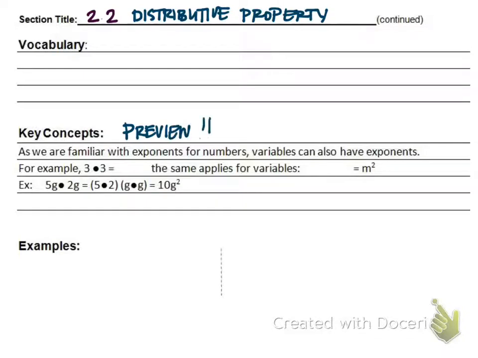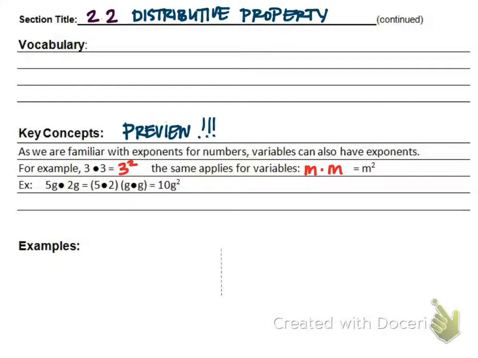We're familiar with exponents for numbers, and variables can also have exponents. For example, 3 times 3 is 3 squared. We're used to that with numbers. And the same applies for variables. We can have m times m, and the result will give us m squared.